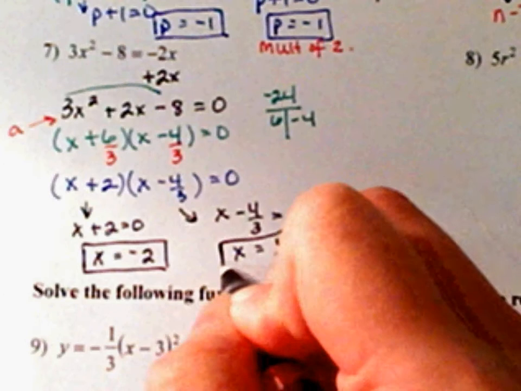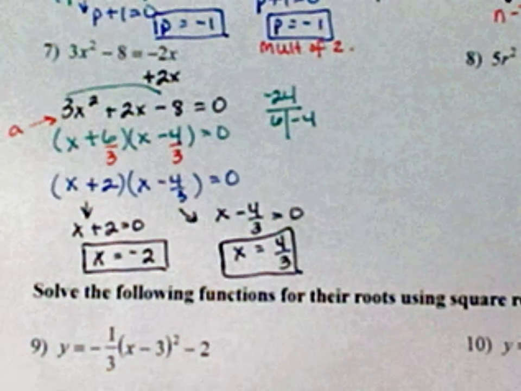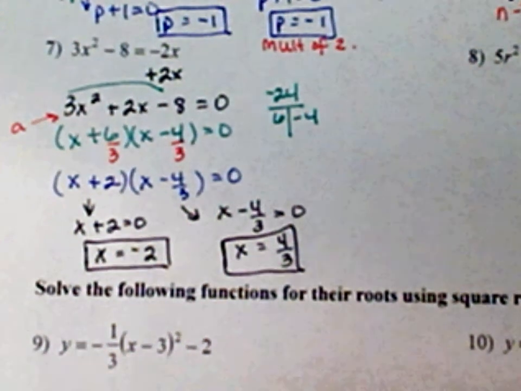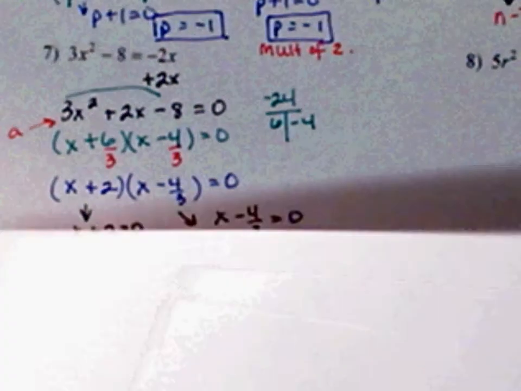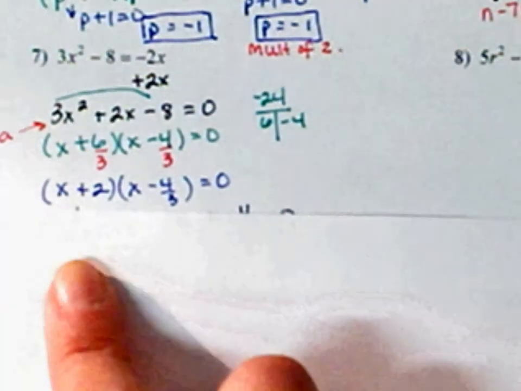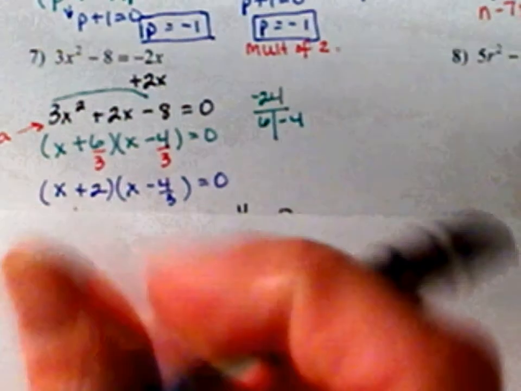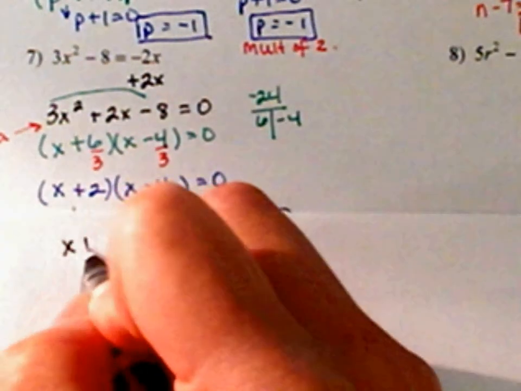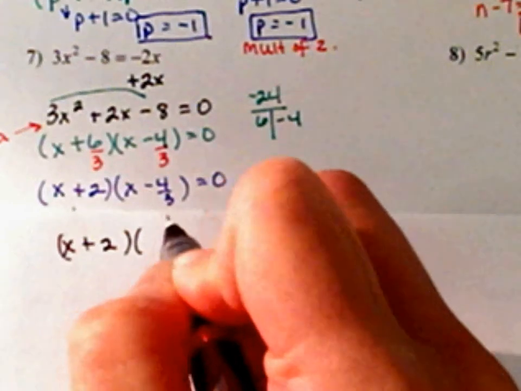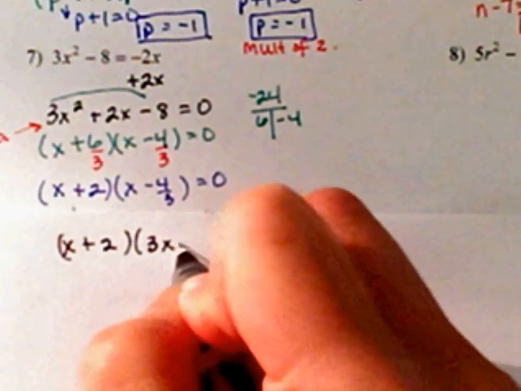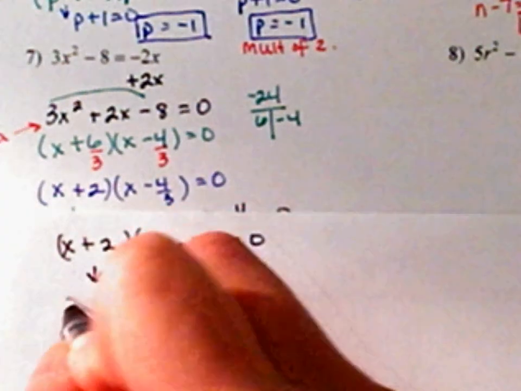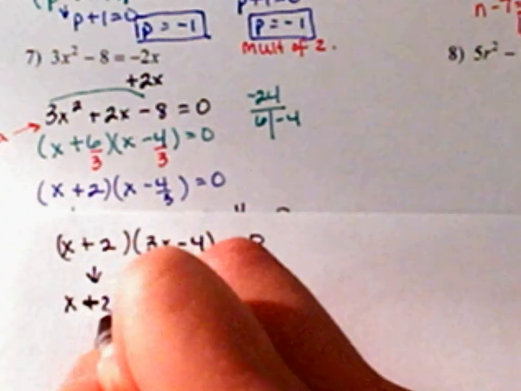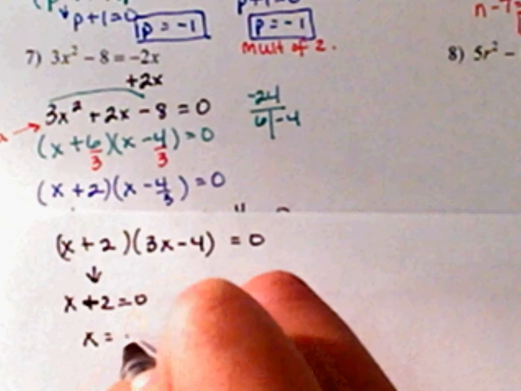There you go. Now let me show you what happens if you did do the bottoms up method. When you get to about right here, if you did the bottoms up method, this is what you'll have. x plus 2, and then you would move the 3 up, so you would have 3x minus 4, set that equal to 0. Then you would solve like you always do, so x is equal to negative 2.